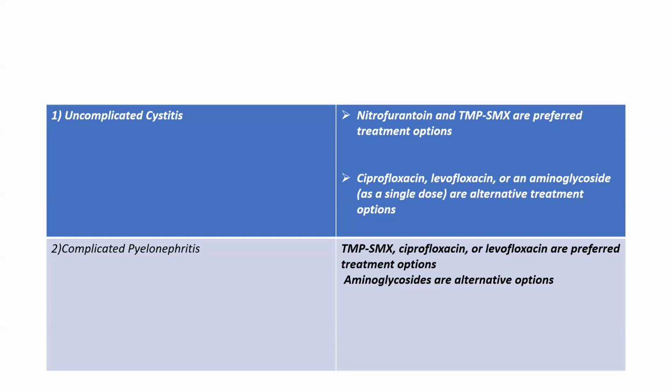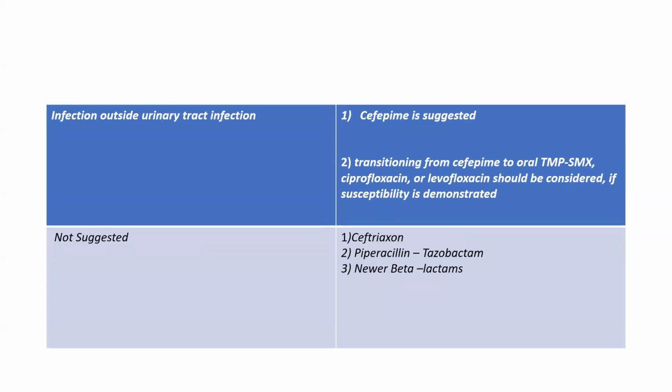For complicated pyelonephritis, treatment options are trimethoprim-sulfamethoxazole, ciprofloxacin, and levofloxacin, and aminoglycosides are an alternative treatment. Now, if there is infection outside the urinary tract, then cefepime is suggested. Transition from cefepime to oral trimethoprim-sulfamethoxazole, ciprofloxacin, or levofloxacin should be considered if susceptibility is demonstrated. And the antibiotics which are not suggested are ceftriaxone, piperacillin-tazobactam, and ampicillin.